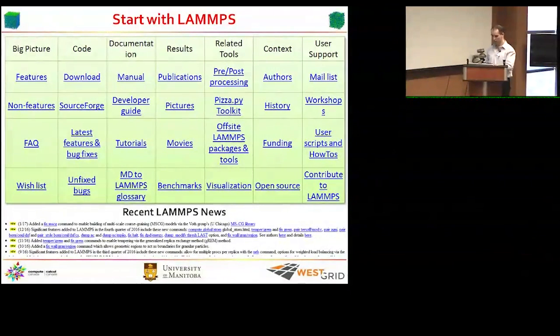From the LAMMPS website, there is a table at the beginning. From this table, you have access to different links. For example, if I take features, this will give you what you can do and what cannot be done using LAMMPS.